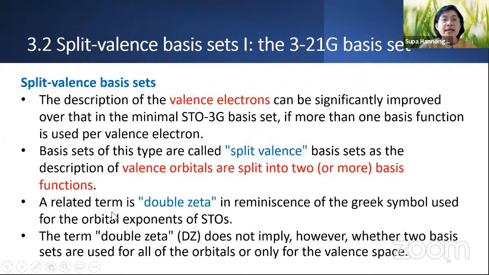Another term which is quite famous, and sometimes it is the type of the basis set, we call it double zeta. Probably you remember the Greek symbol zeta, in exponential minus zeta r or minus zeta r squared, in the component of the STO or the GTO.